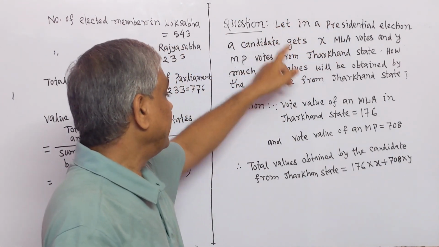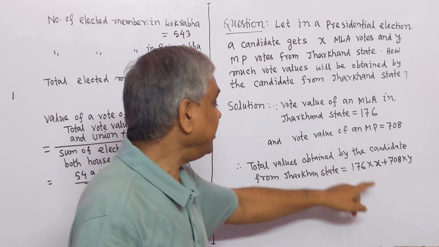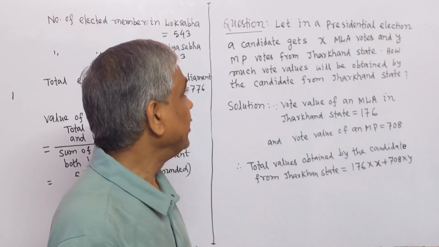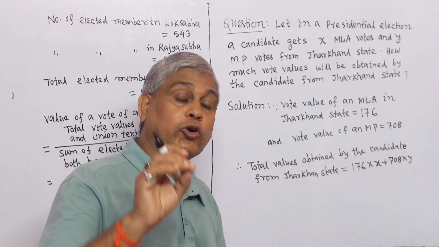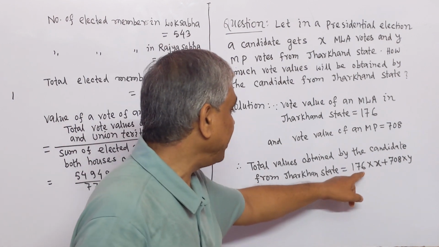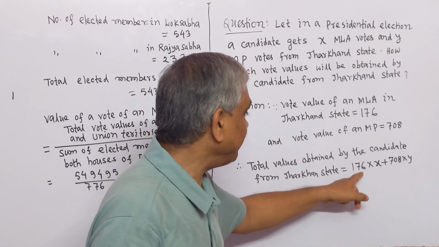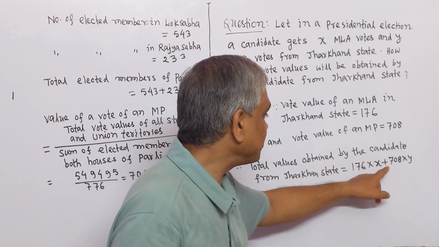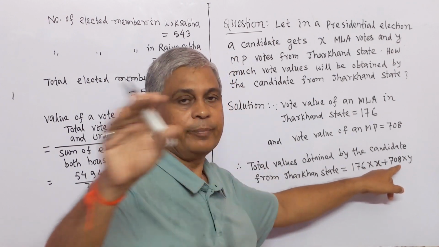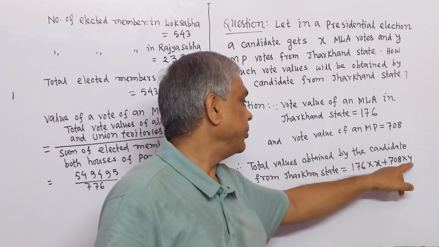Then, in place of 176, we will write the vote value of an MLA in Himachal state. In Himachal state, vote value of an MLA is 51. So, in place of 176, we write 51 multiply X plus the same vote value of an MP for the entire country, 708 multiply Y.